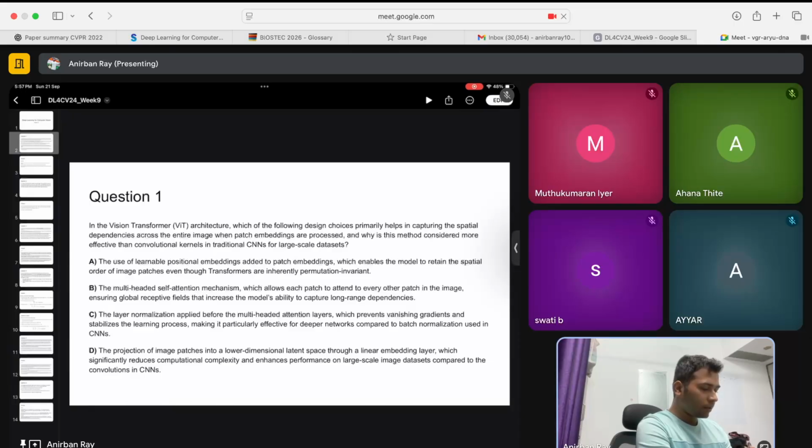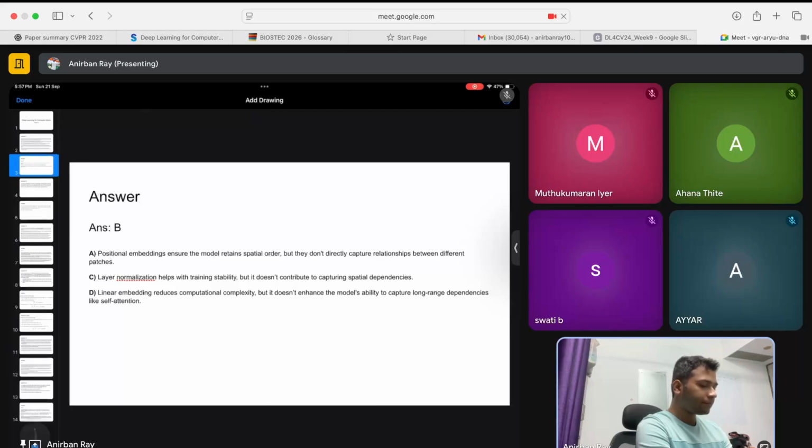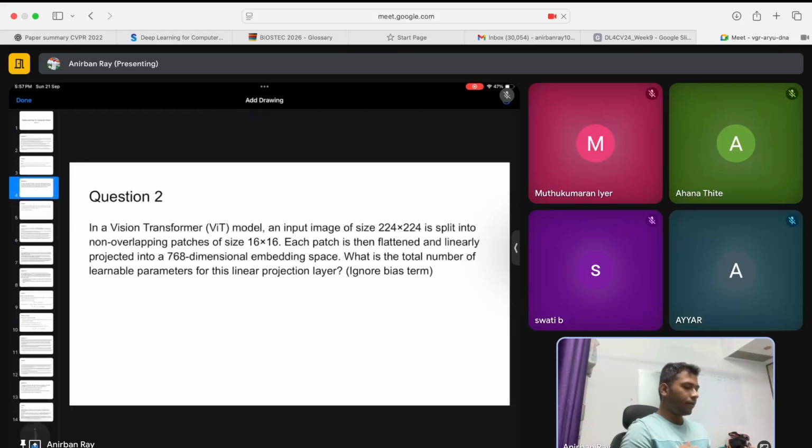So this is the answer here. So next we have an image of size this and split into non-overlapping patches of size this. Each patch is then flattened and linearly projected into a 768 dimension embedding space. What is the total number of learnable parameters for this linear projection layer?